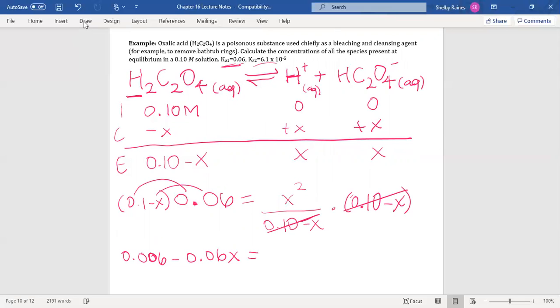Be careful with these zeros. Then x squared on the other side. All right, so then let's move everything to one side. So I'm going to move my 0.006 and my 0.06x to the other side. So I have x squared plus 0.06x and then minus 0.006.